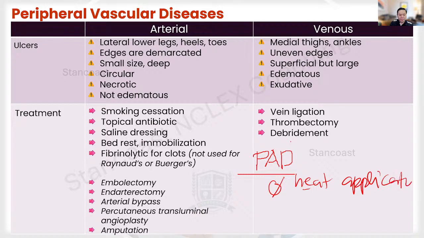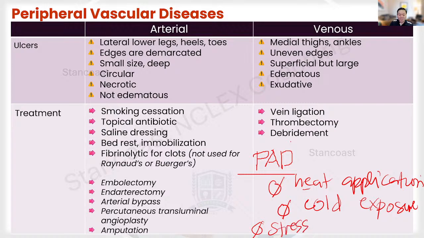And also we're going to instruct them to not expose themselves to cold temperature. No cold exposure, because the cold temperature can cause vasoconstriction. So we are not going to allow them to be exposed to extremely cold temperature, and also no stress.